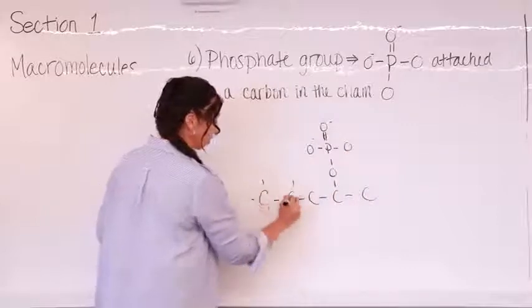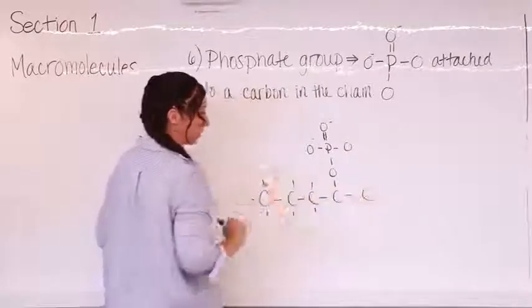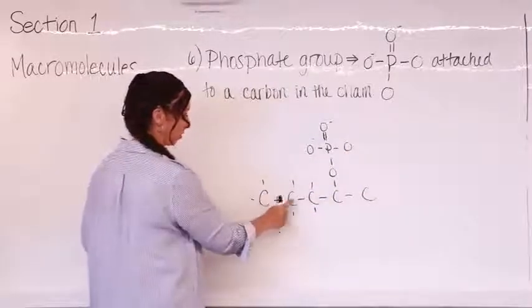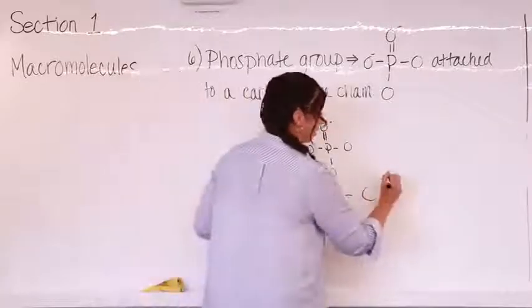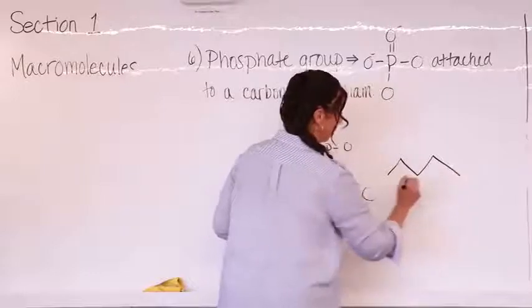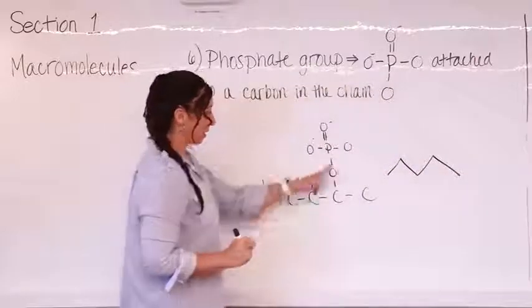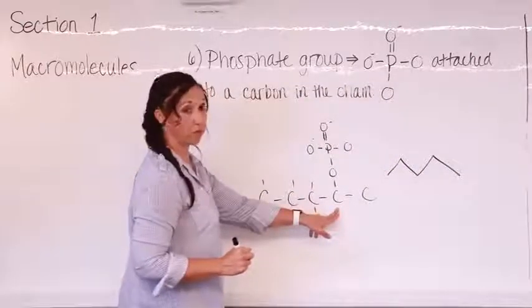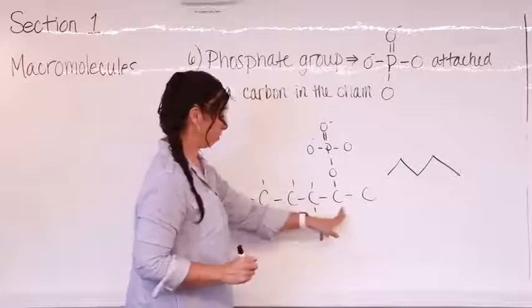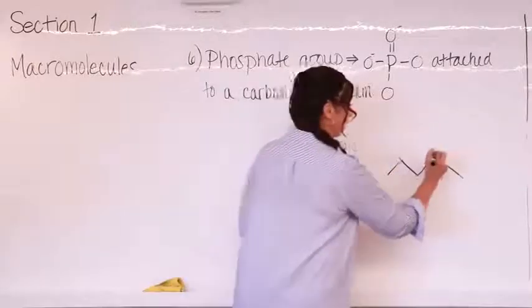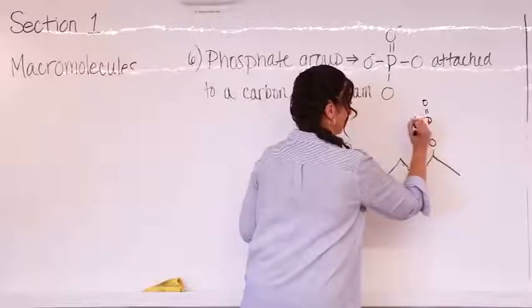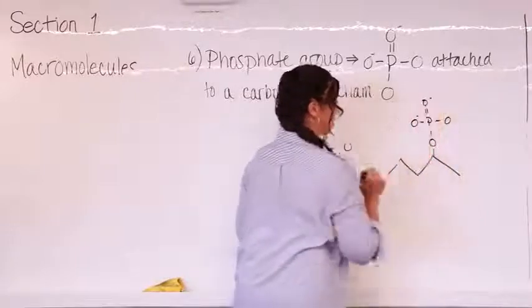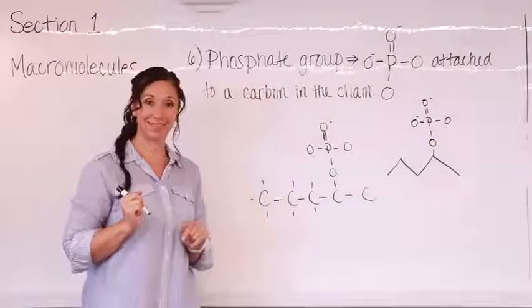But then the rest of this is filled with hydrogens. So if I have 1, 2, 3, 4, 5 carbons in this example, and my phosphate group is branching off of this 4th in line carbon, I would do this. That would be the shorthand version of it.